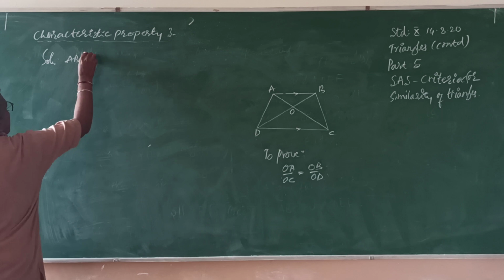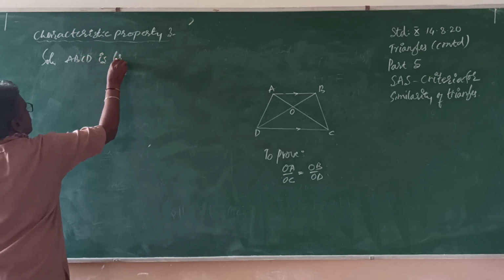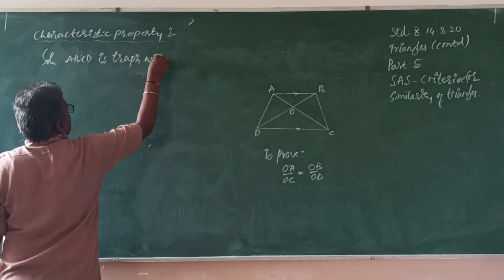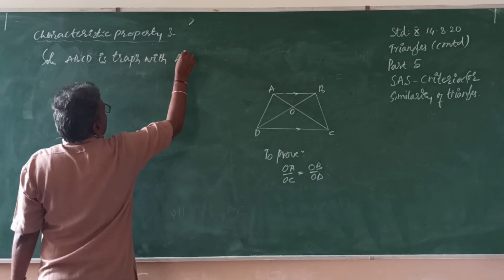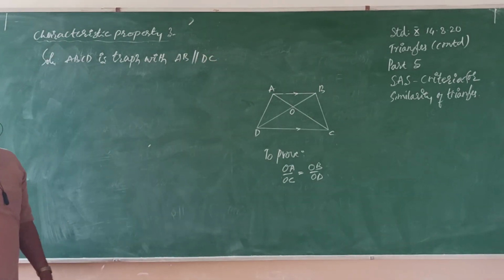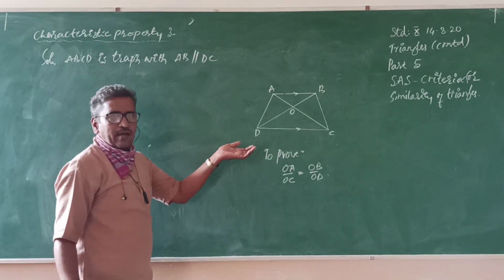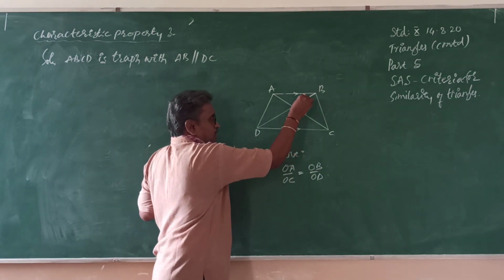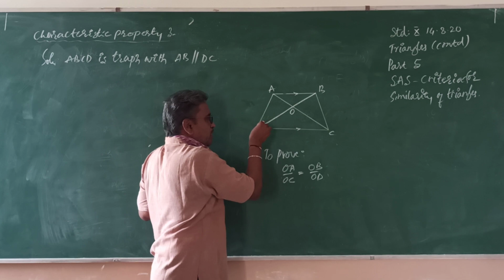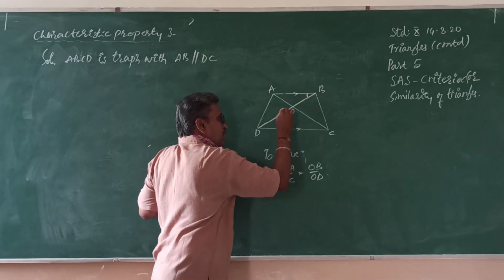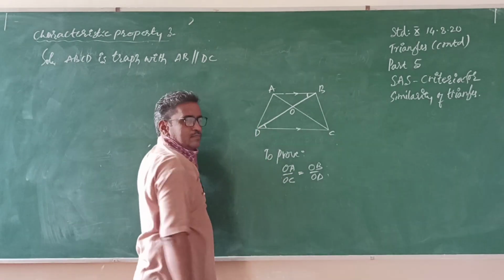ABCD is a trapezium with AB parallel to DC. Since AB is parallel to DC, BD becomes a transversal, so alternate angles are equal.